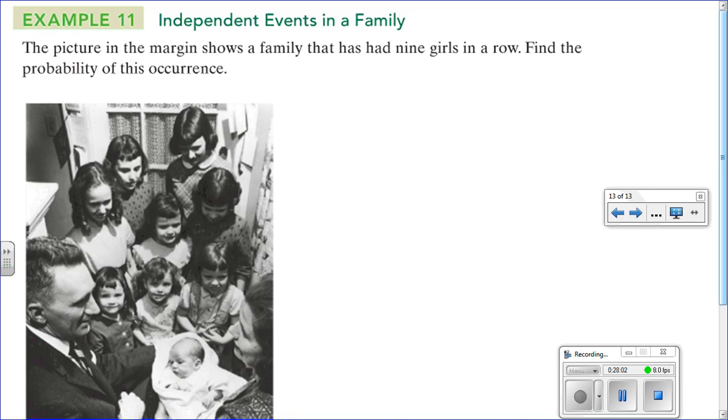Let's see. So, every time you have a kid, and right here we're only going to consider, for the purpose of this lesson, 2 genders, male and female. However, there are other genders, but we're not going to get into that right now.